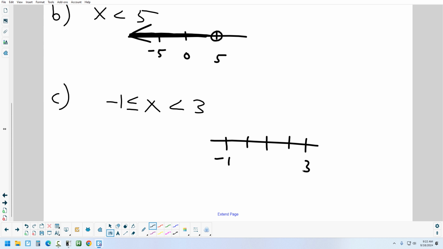When you have the line under it, that means you need to fill in the circle. So you have a closed circle on -1, and then it's going to the right, and then an open circle on 3. So we're going to shade between the two circles. All right, and that one is a compound inequality.